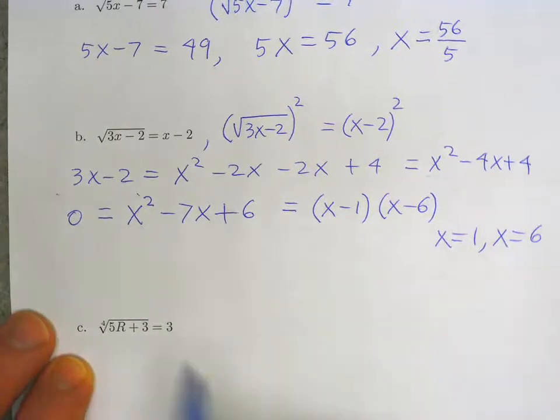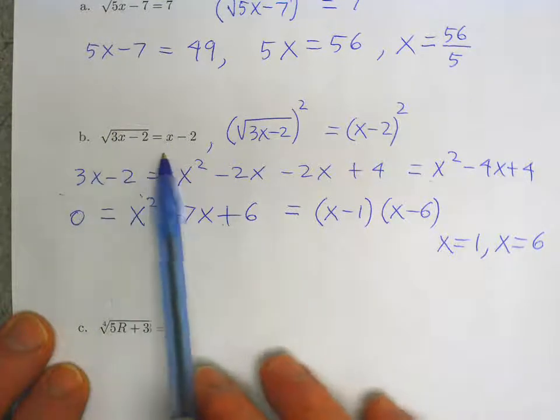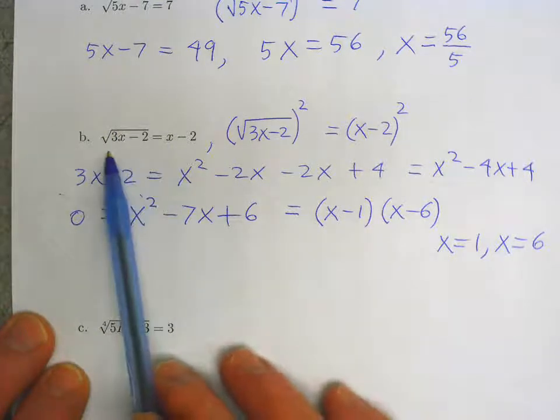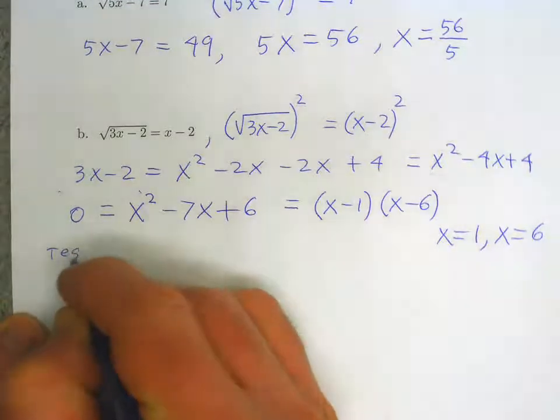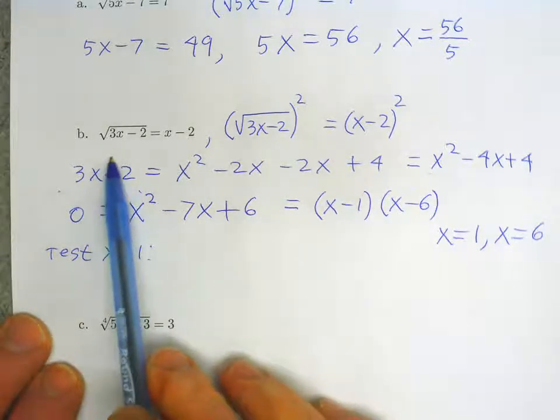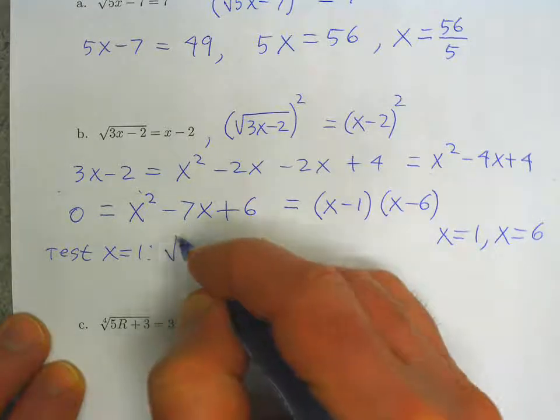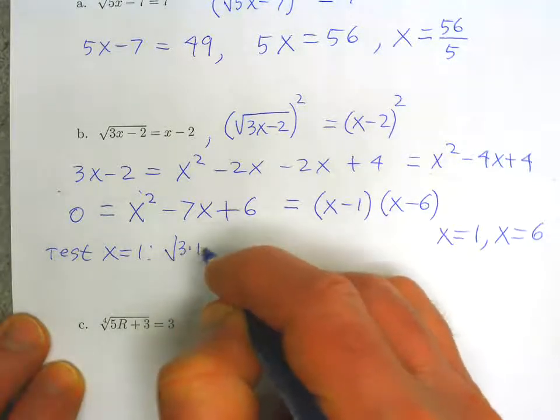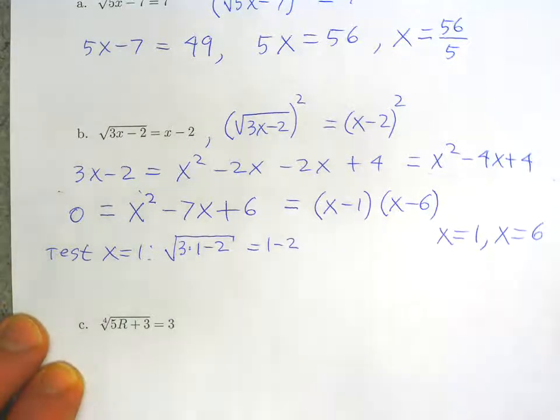Okay, but we have to keep in mind that we're trying to solve this equation with the square root in it. So when we test x equals 1 in the original equation, replace every x with 1, we get the square root of 3 times 1 minus 2 equals 1 minus 2.